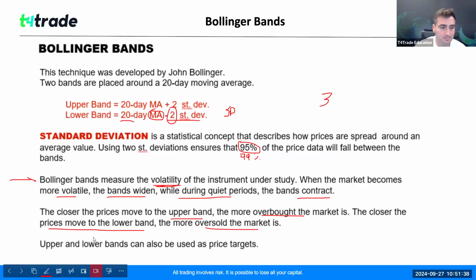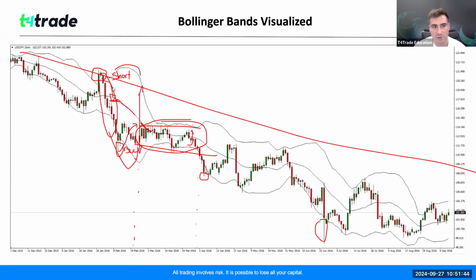And finally, upper and lower bands can also be used as price targets. Again, as I just mentioned, you could go short up there and have the midline as your exit, or you await the next touch, the next break. Let me see if I have a clearer example. Possibly here.